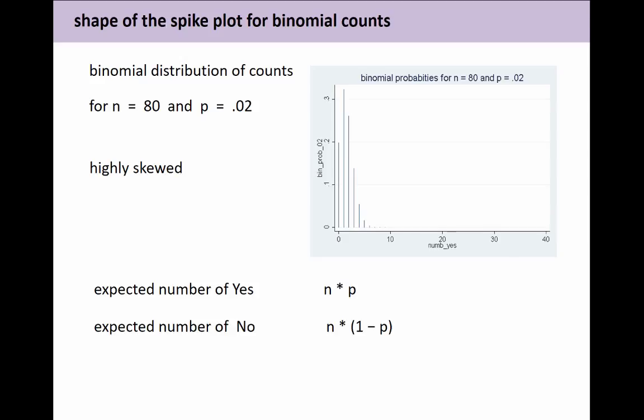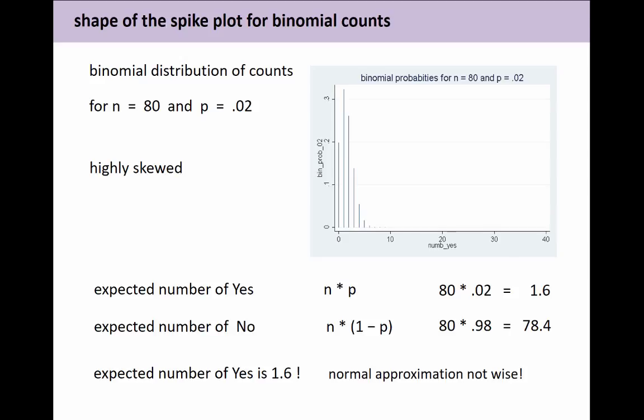If we apply the checks that Baldi and Moore gave us and work out the expected number of yes, n times p, and the expected number of no, n times 1 minus p, what we get from 80 times 0.02 is 1.6 for the expected number of yes. And it doesn't matter that the expected number of no is 78.4, once you see that the expected number of yes is 1.6, the kindest thing I can say is that the normal approximation is not wise.